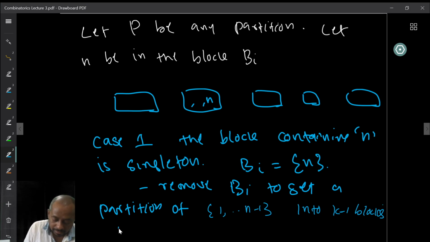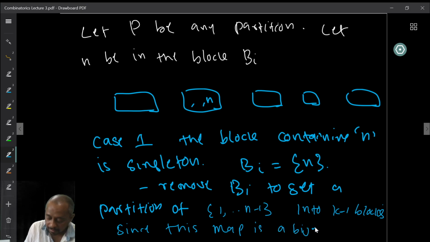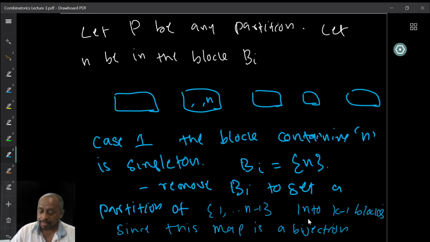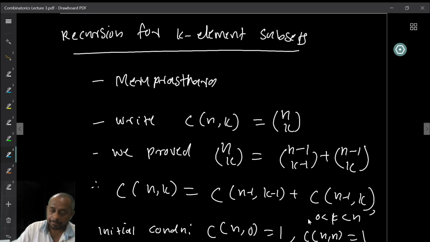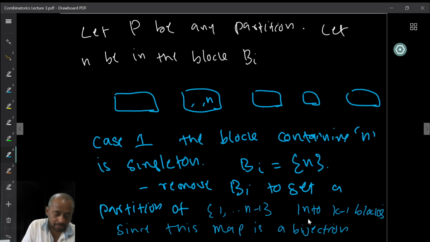Since this map is a bijection, as we just observed, we can say that there are exactly... I think I need to add more pages.